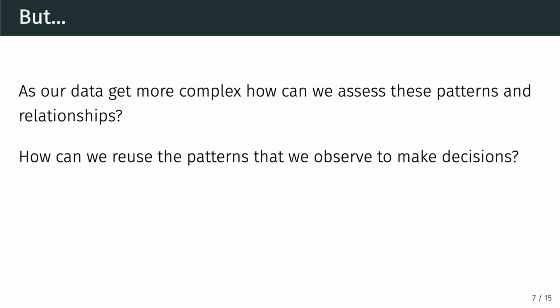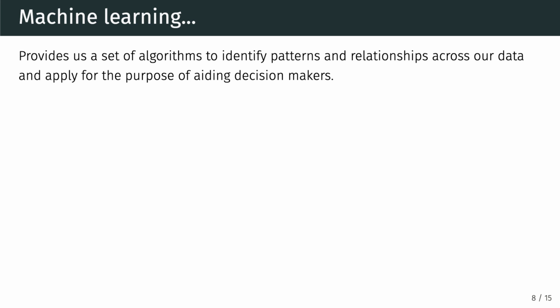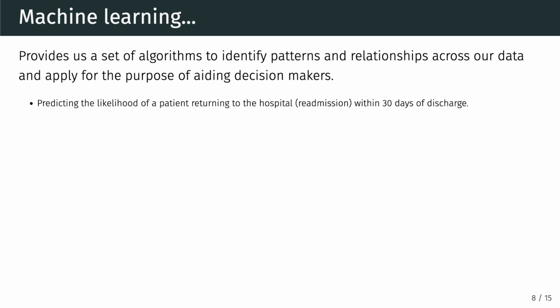And then also the question is, how can we reuse the patterns that we do observe in order to help decision makers answer questions or make decisions on the way forward for certain tasks? Right, and this is the idea of machine learning. Machine learning provides us a set of algorithms to identify patterns and relationships across our data and apply those patterns for the purpose of aiding decision makers.